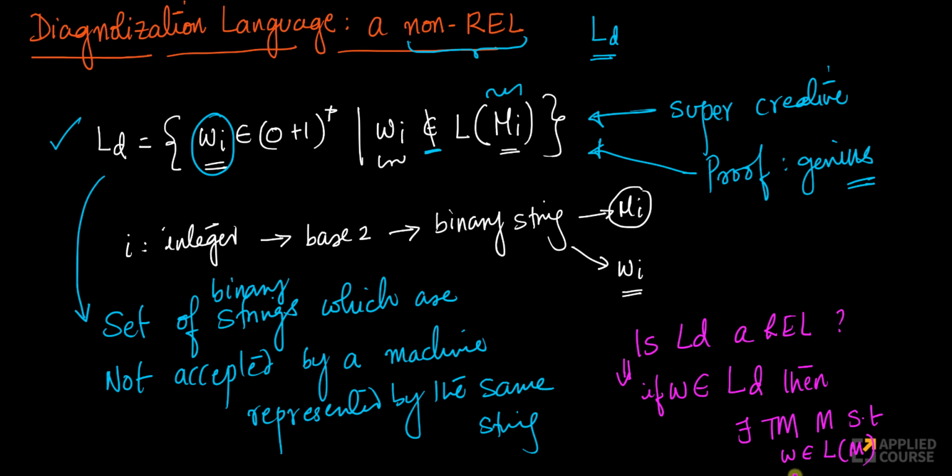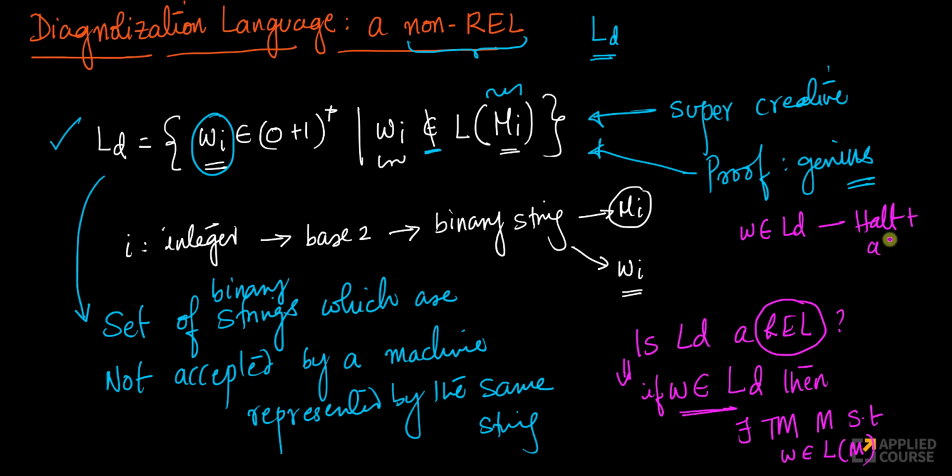Right? So look at this. For a recursively enumerable language, if a word belongs to LD, I should always halt and say, yes, this belongs. If it doesn't belong, then I might have an infinite loop or I might reject, right? Remember, for REL, there are two cases. If the word belongs to LD, I should always halt and accept.